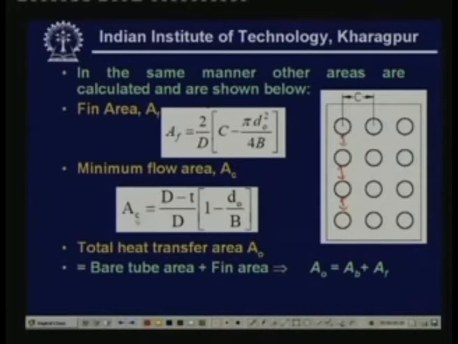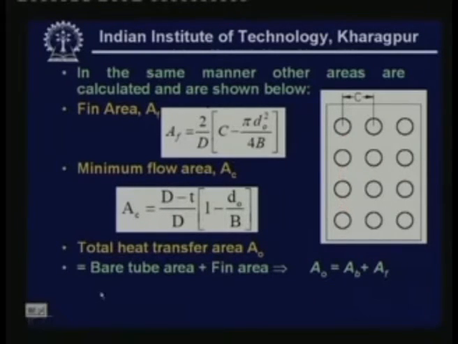The expression for that is A subscript C is equal to (capital D minus t) by D into (1 minus d_o by B). And the total heat transfer area A subscript O is bare tube area plus fin area, that is A_b plus A_f. So if you know all these parameters like C, capital D, small d_o, B, etc., you can calculate all these areas per meter square face area per row.